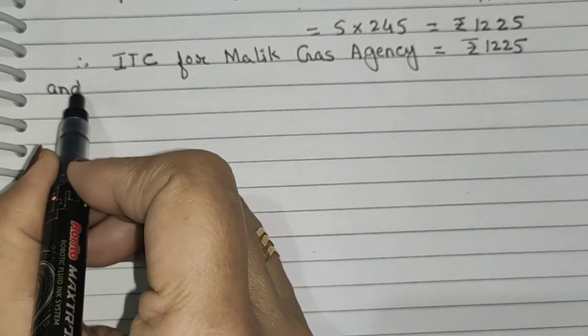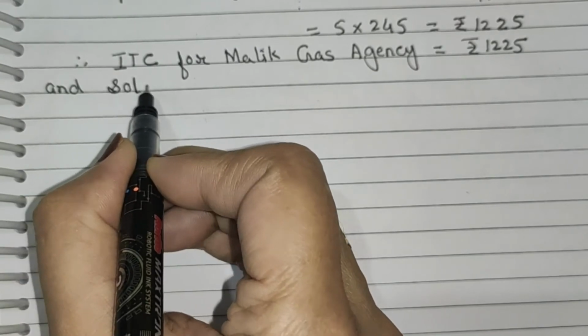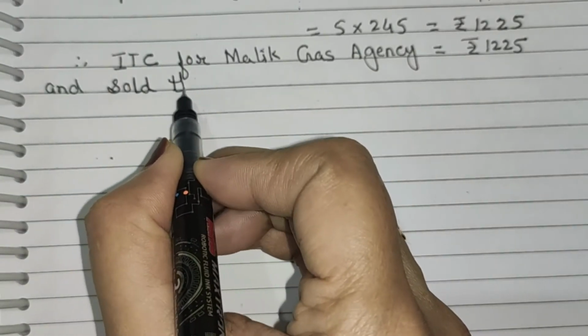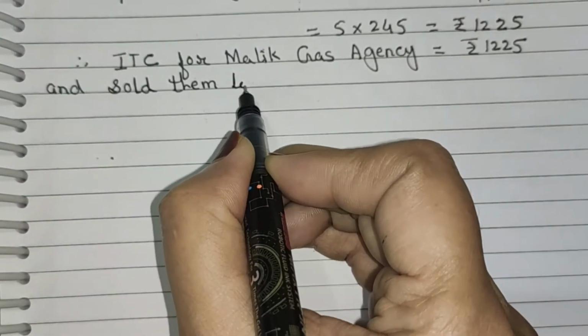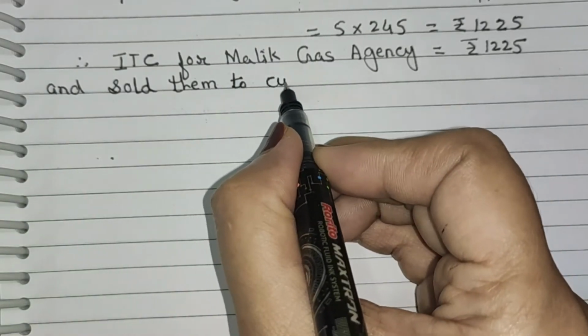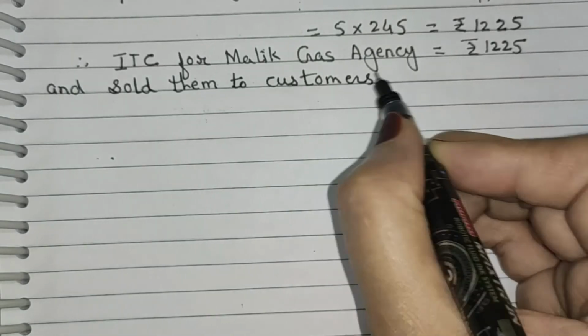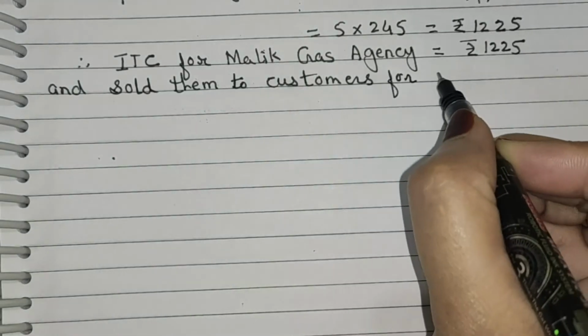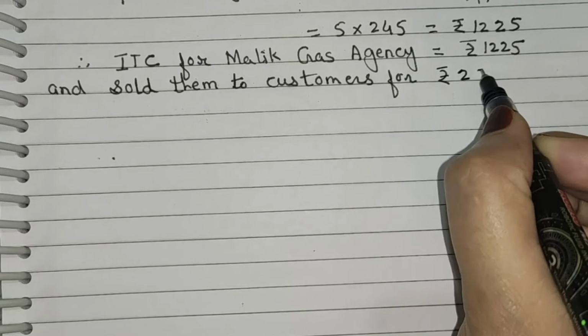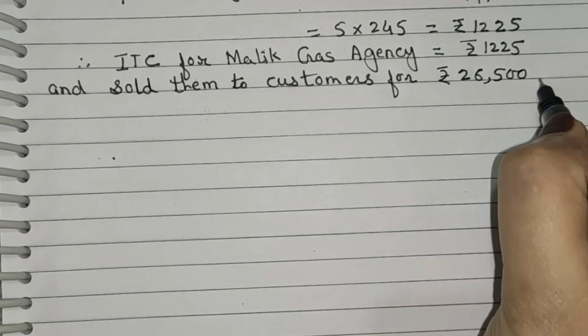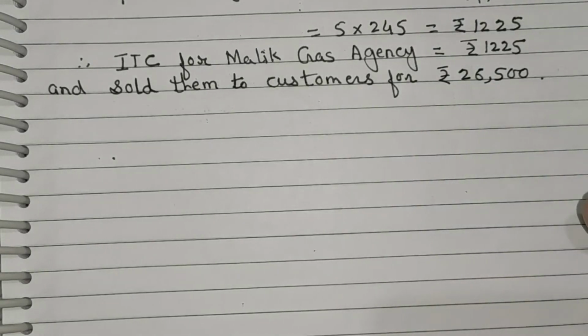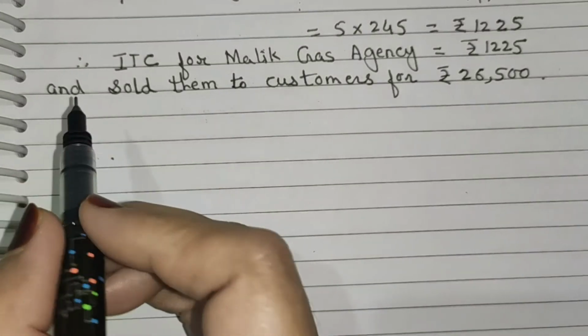Now next sentence is: and sold them to the local customer for rupees 26,500, and the rate of GST is 5%.